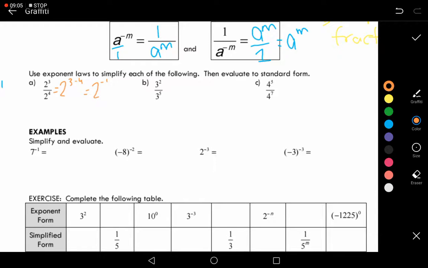Okay, so to write that into standard form, looking at this first example, a to the power of negative m, right? In this case, my a is 2, my negative m is negative 1. So what I need to do is I need to flip it, right? So I imagine that there's a 1 underneath here, and I flip it over. So the 1 comes on top, the 2 goes to the bottom, and now it's to the power of positive 1.